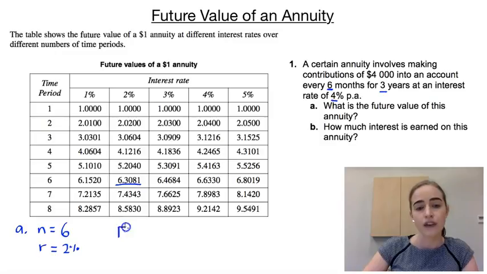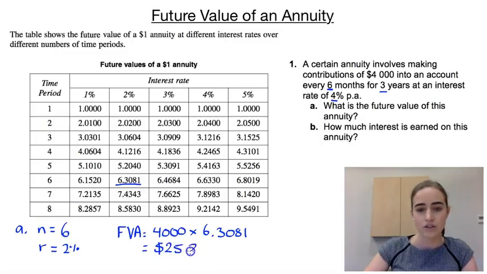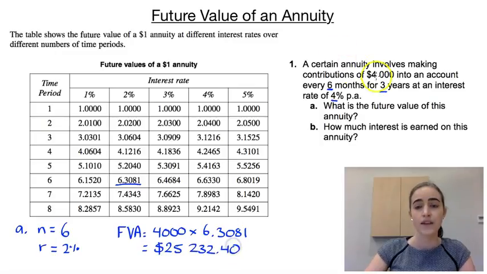So our future value of our annuity is going to be $4,000 times the future value of $1, which is that 6.3081. And if you pop that in your calculator, you'll end up with $25,232.40.